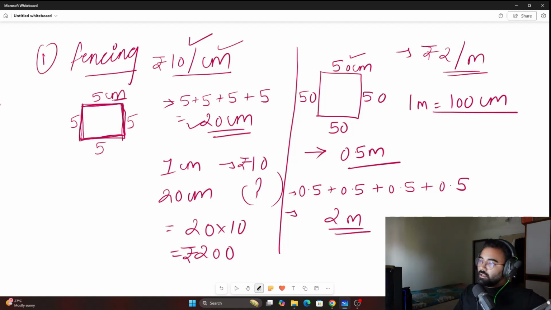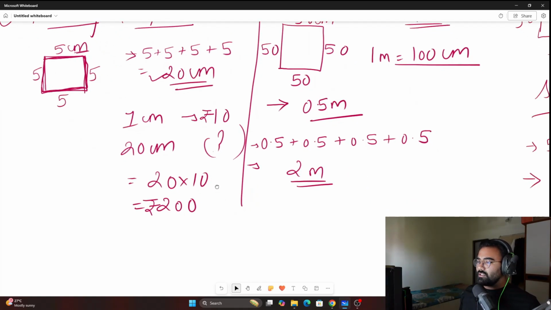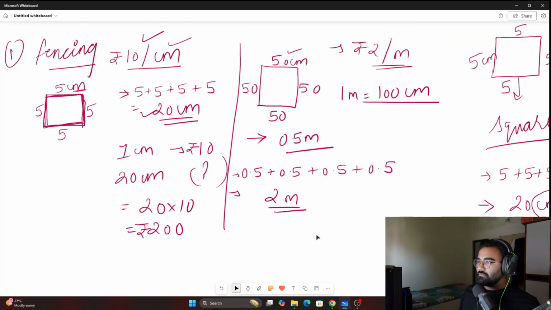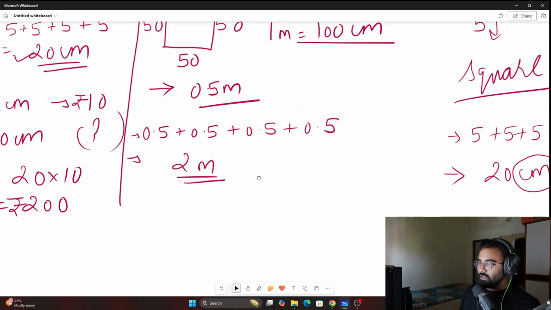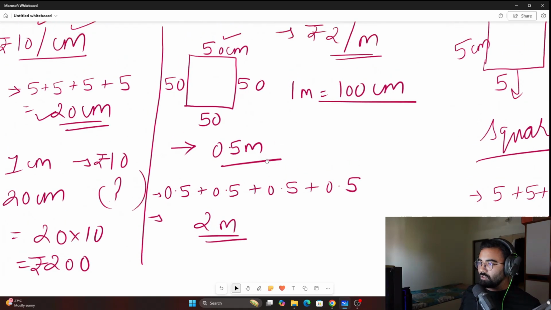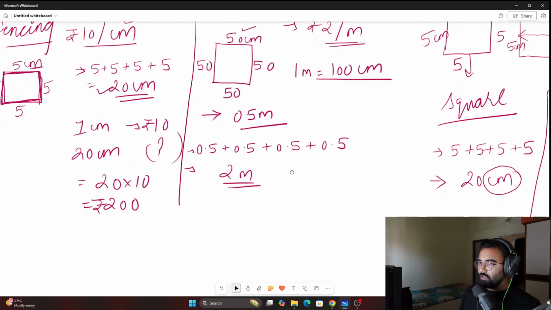Now the second approach that students usually take.